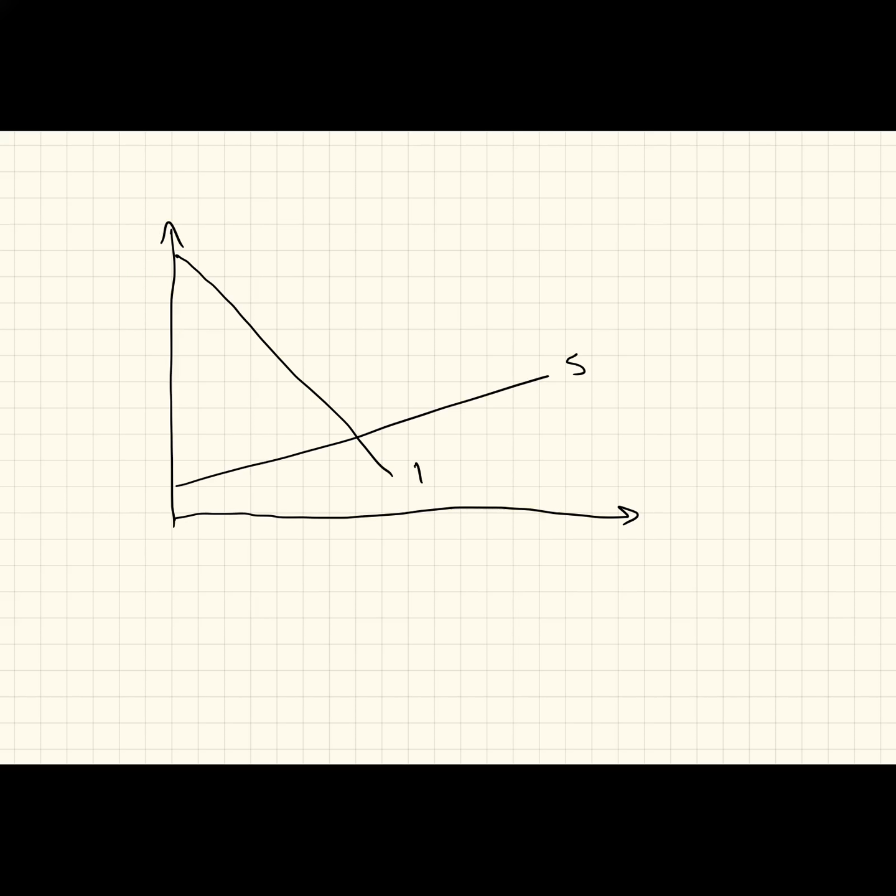Supply here represents marginal cost, demand represents marginal benefit. So this market wants to be at this point for an equilibrium. Here quantity demanded meets quantity supplied, and this is the equilibrium price.